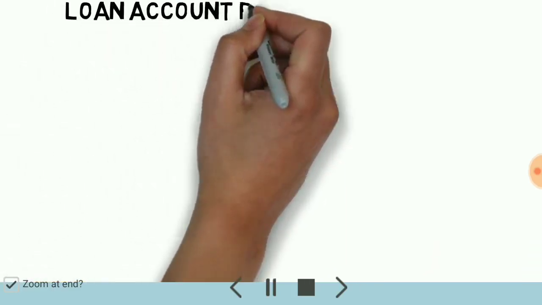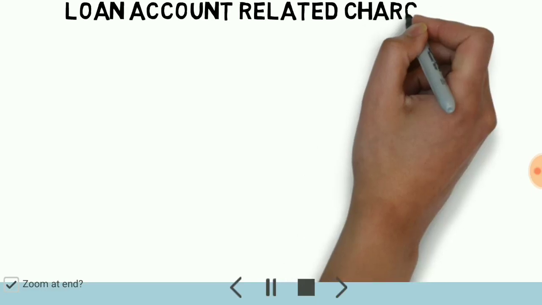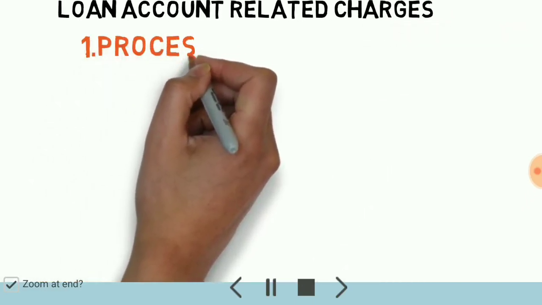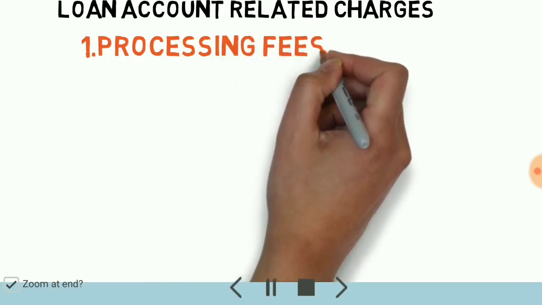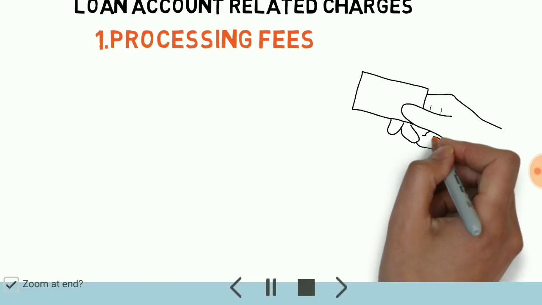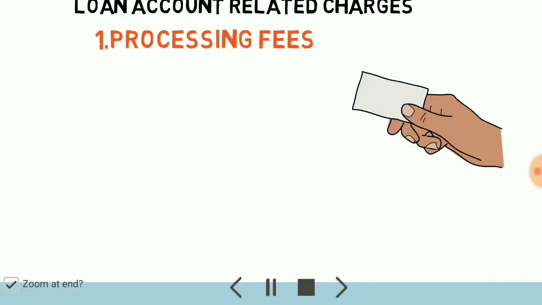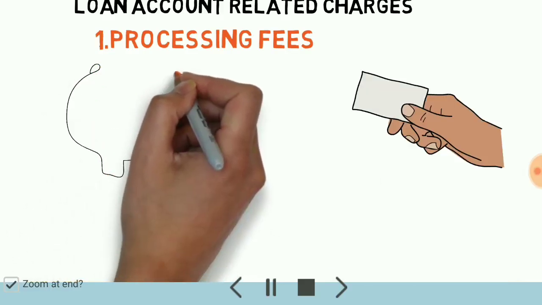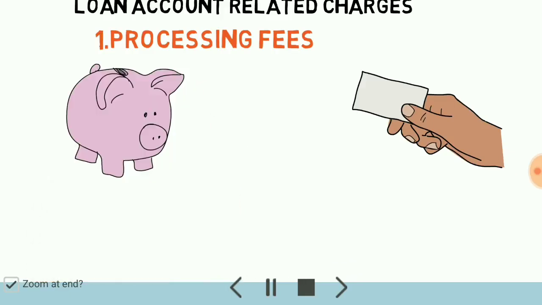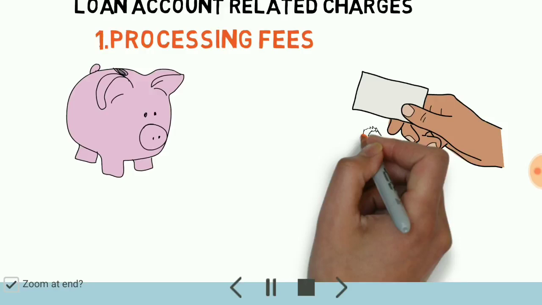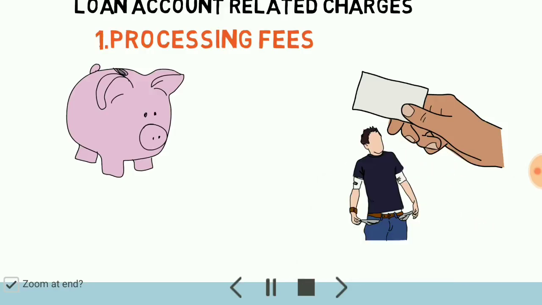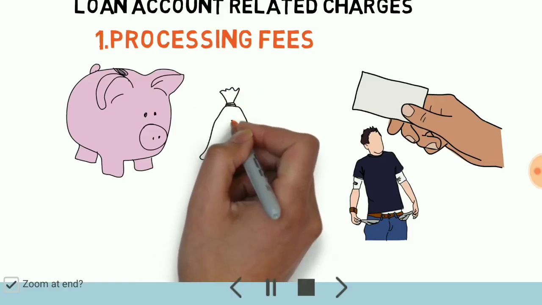Let's first discuss all charges related to loan accounts, and first is processing charges. Friends, whenever a person seeking a loan makes an application to the bank, the bank will first assess that person and scrutinize their creditworthiness as a borrower by generating their CIBIL reports and by appraisal of their income tax returns.